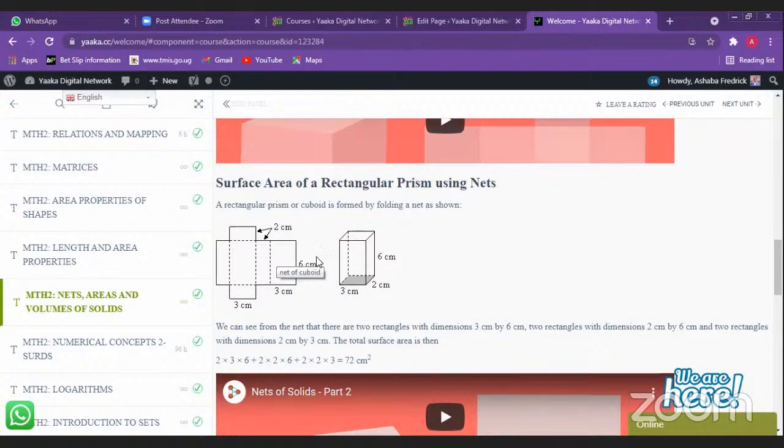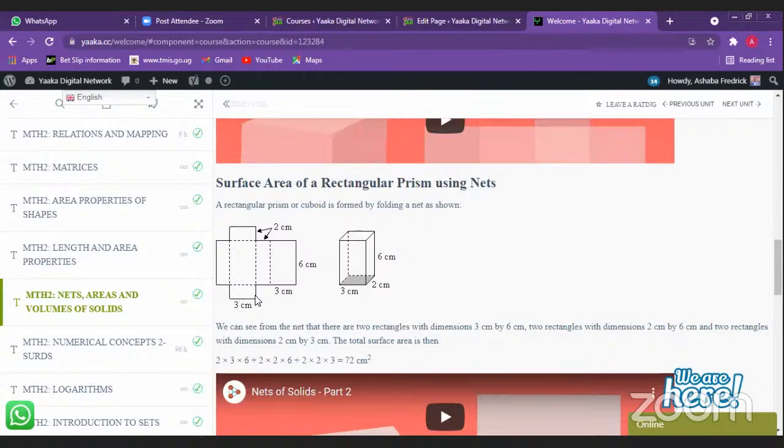So what is 5 times 6? 30. Then we can get the area of this smaller one here.